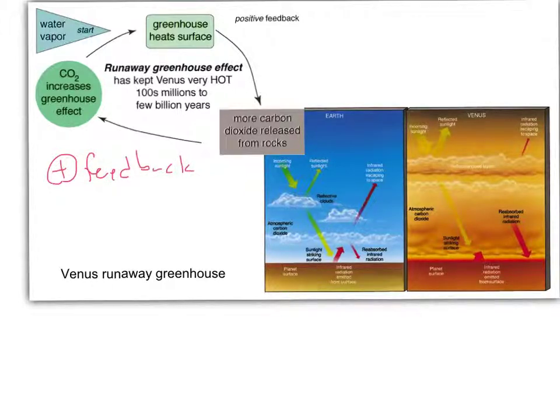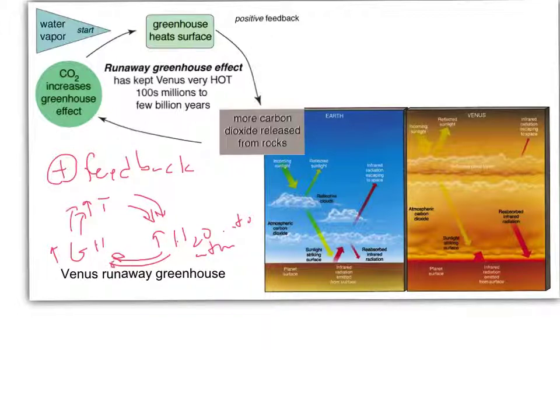The first one involved increases in temperature, leading to increased evaporation from Venus's early oceans. So increased water vapor from the oceans into the atmosphere, leading to a stronger greenhouse effect, which in turn raised the temperature, which led to more water evaporation and more greenhouse effect.